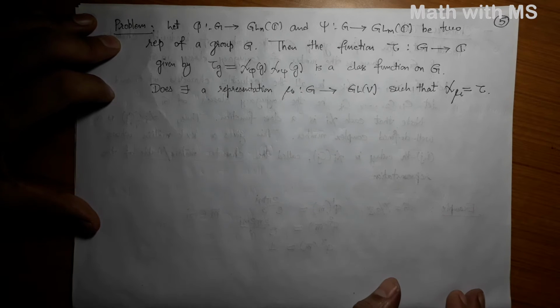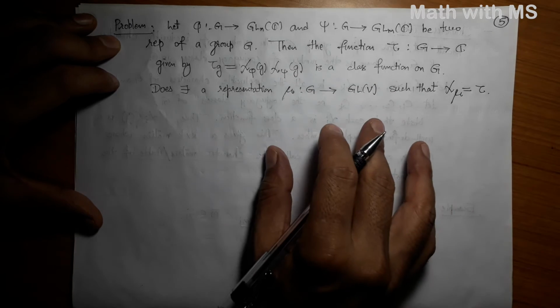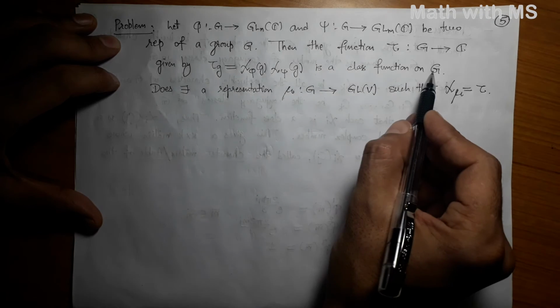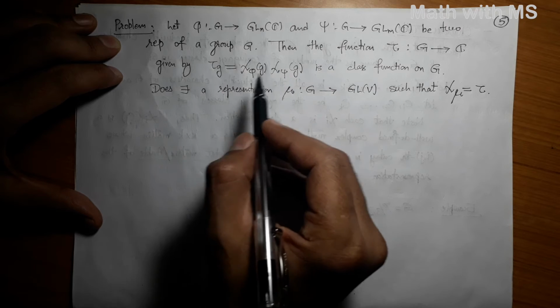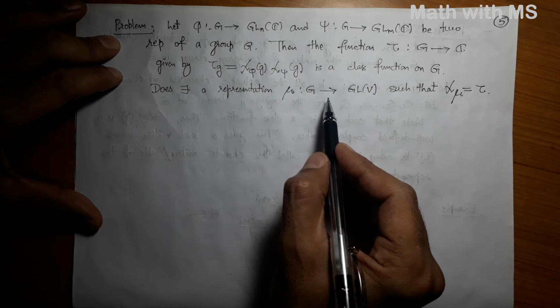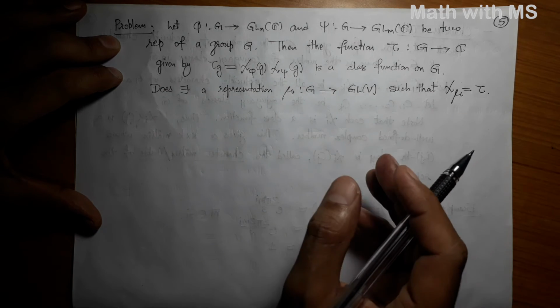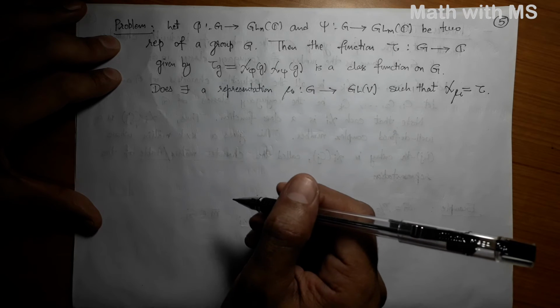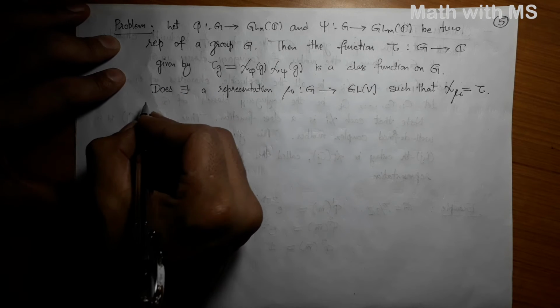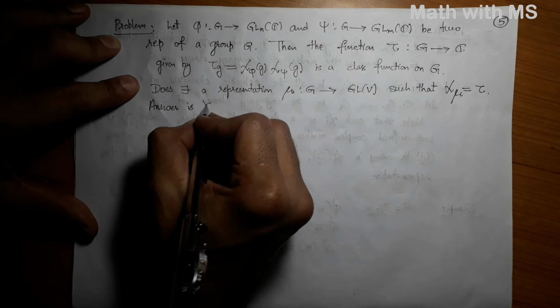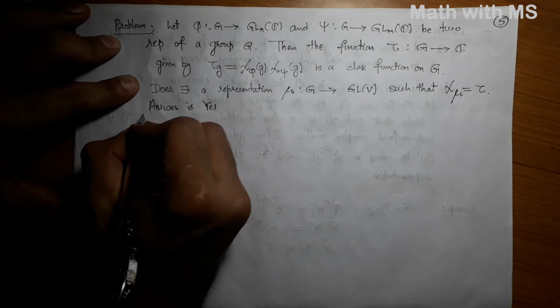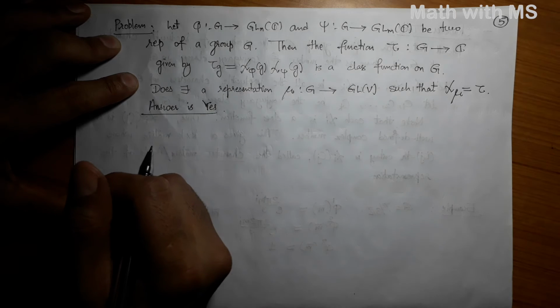This is a very natural question. You have a class preserving function that you obtain from two characters. The question is whether that class preserving function is again a character of some representation, and the answer is yes. So let us construct such a representation space.